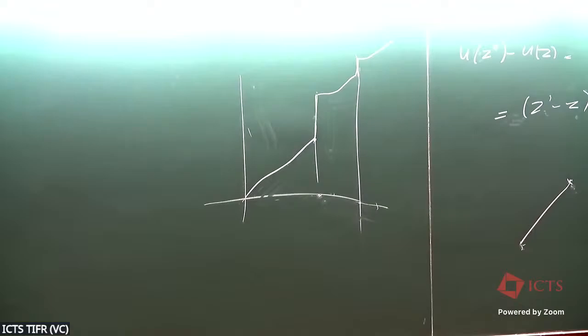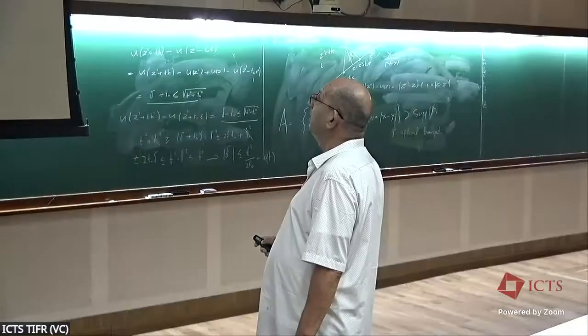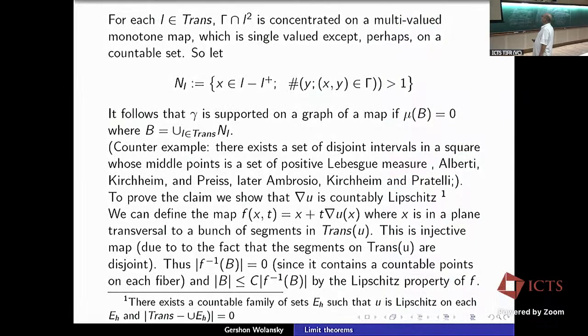So let's look at this set of all points on the transport segment L, excluding the right endpoint L plus, at which there is a discontinuity, that is, the number of image points is bigger than 1.